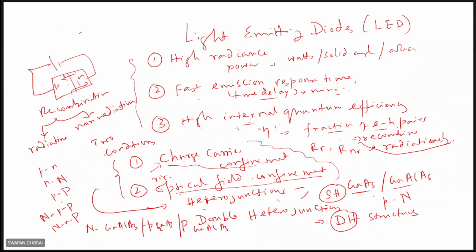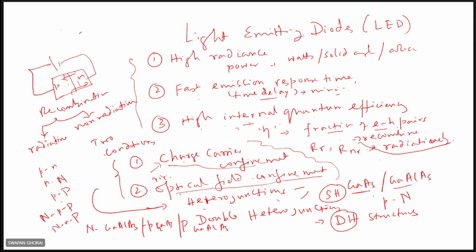Otherwise, if you choose some other sources, you need an external device to modulate the optical light. Ultimately, within the fibers, it is modulated light that propagates. So that's why we are focusing on semiconductor-based optical sources, and right now we are discussing the light emitting diodes.